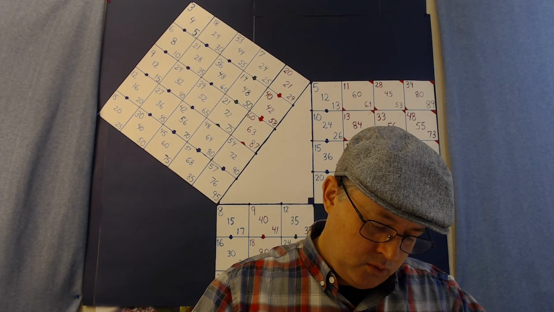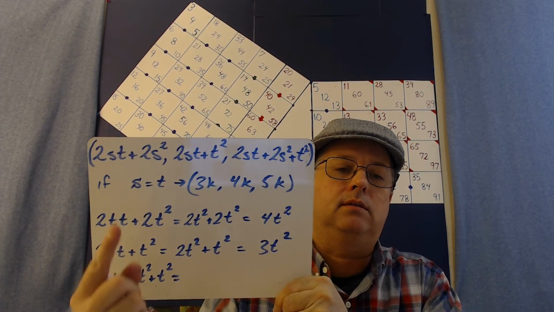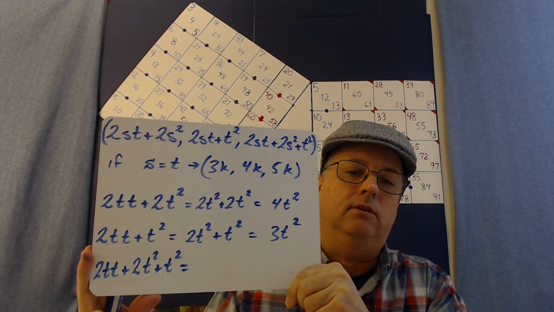Okay, and so now then, if we have 2tt plus 2t squared plus t squared. Okay, so that's putting t and t here instead of s, because in this case s and t are equal. And so then we get 2t squared plus 2t squared plus t squared.